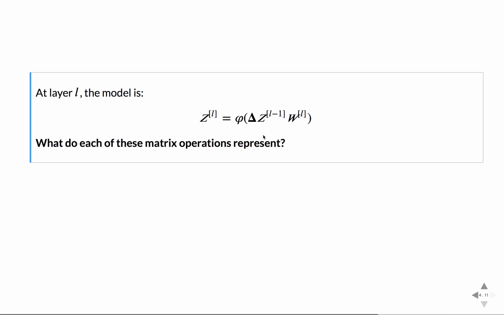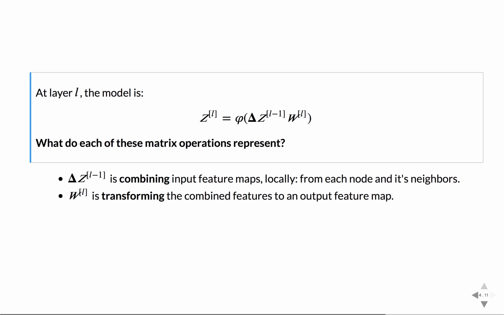And if you think about it, what these two parts represent, you have the Laplacian times your features, and you have this weight matrix. Okay, so again, this is not adjacency now; it's weights. So you can think of the first term as combining feature maps locally.